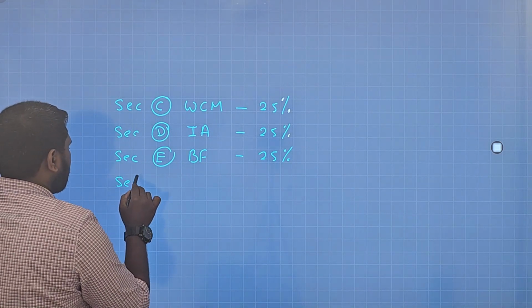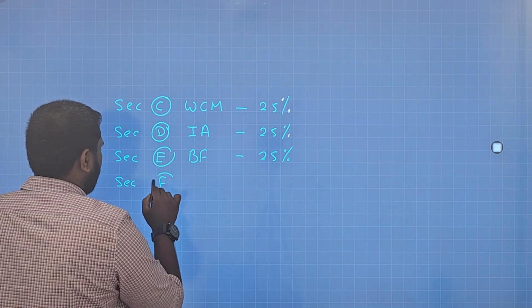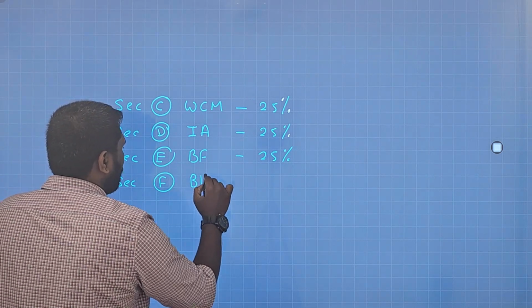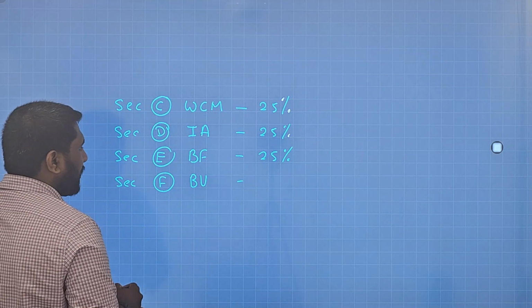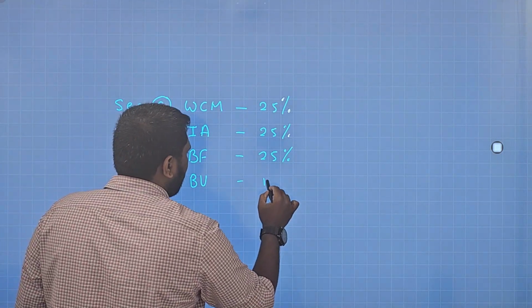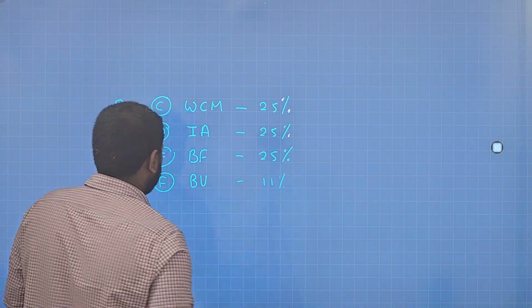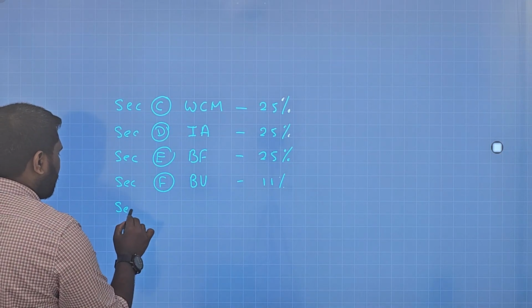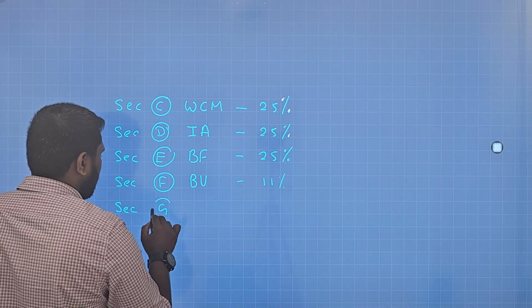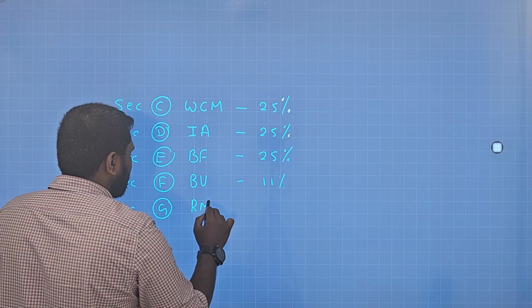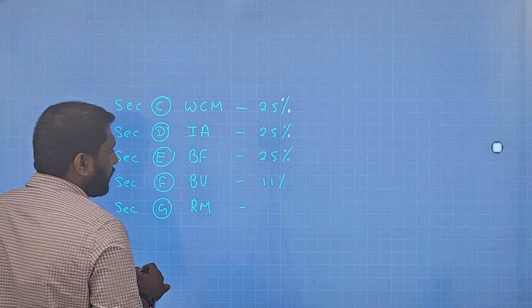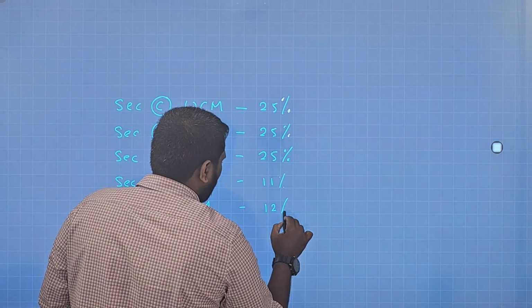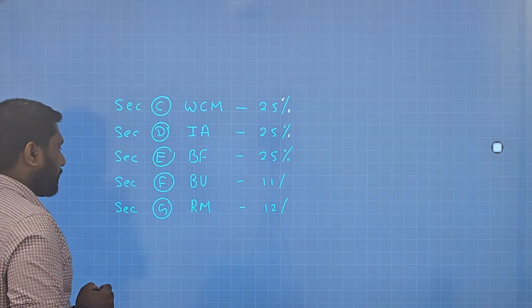And next one is Section F, which is business valuation. For the business valuation section, I will give 11%. Next one is Section G, which is risk management. I will give you 12% for this particular section.